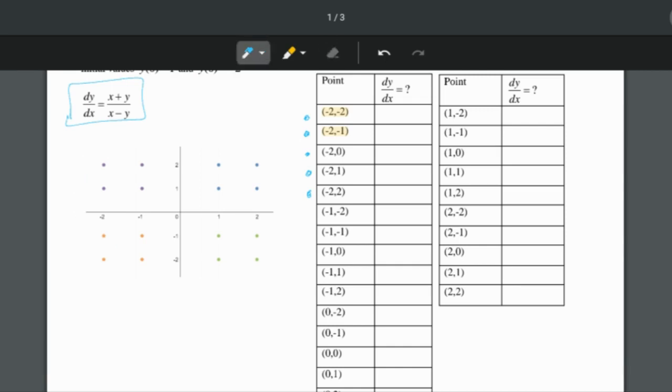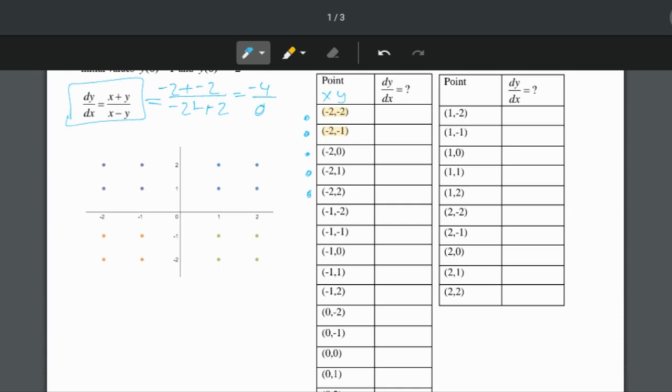We're going to take those x and y values, this first point, -2, 2, and plug it into our differential equation, x plus y over x minus y. So our x is -2 plus our y value, which is -2, all over our x value, -2, minus our y value, which is -2. That's a double negative. When we do the math, we get -4 on top, all over 0.